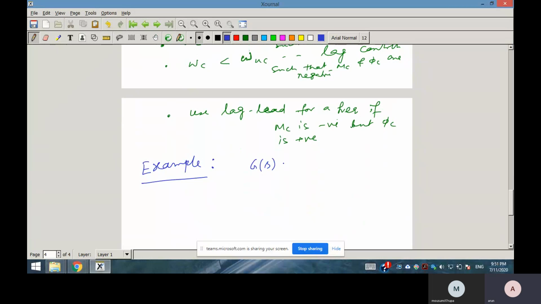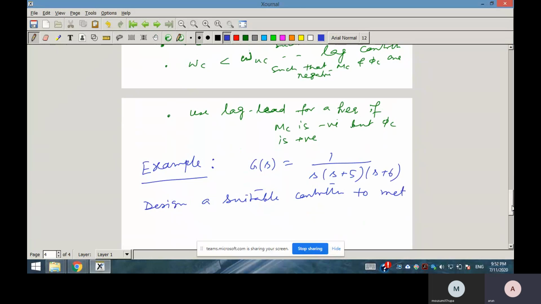Suppose your plant is G(s) = 1 over s(s+5)(s+6). The condition is: design a suitable compensator. Here it is not said whether lag, lead or lag-lead.